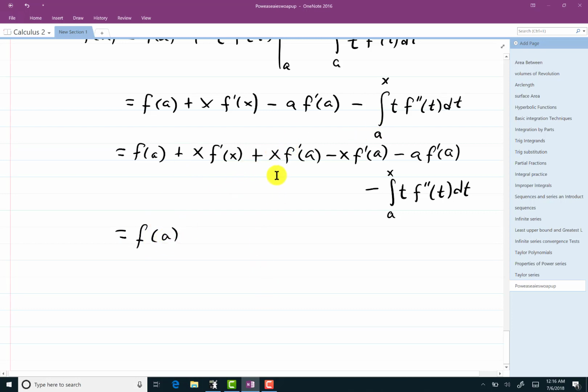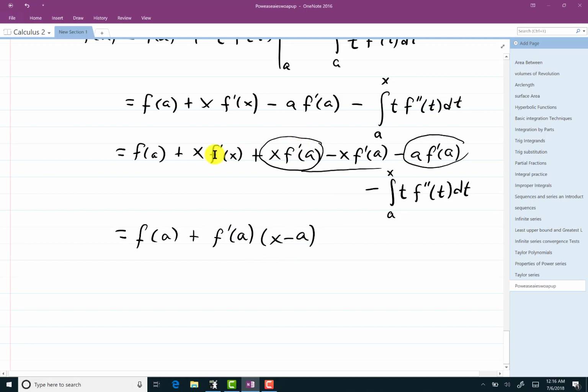The reason I did such a trick is what I wanted to do was take this x times f prime of a and put it with this a times f prime of a. So let me take this guy here and link it to this guy here, including the minus sign, to get, for this part here then, notice they both have f prime of a in common. So that's what those two get together.